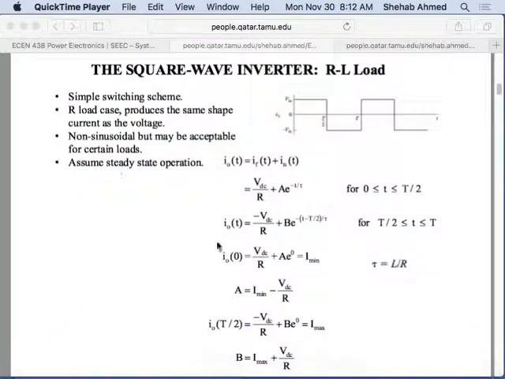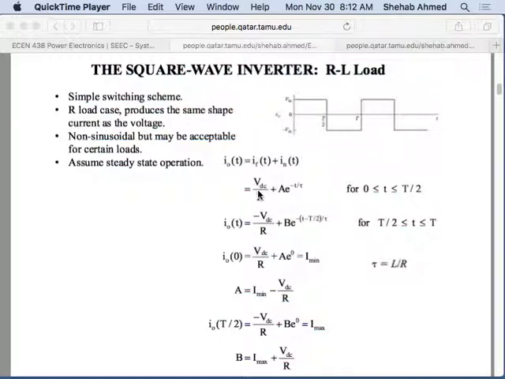So I know that at t equals 0, current is equal to I minimum. So the current waveform is equal to forced response plus natural response. Now the forced response is the DC source that you have divided by the resistance. Here you have a DC source and you have a resistance and inductance.